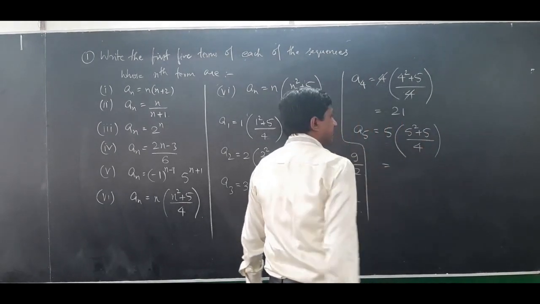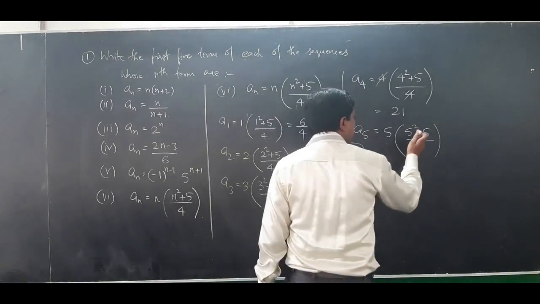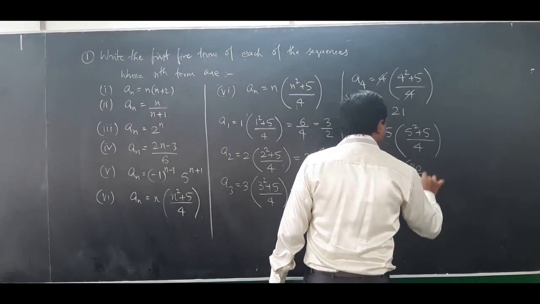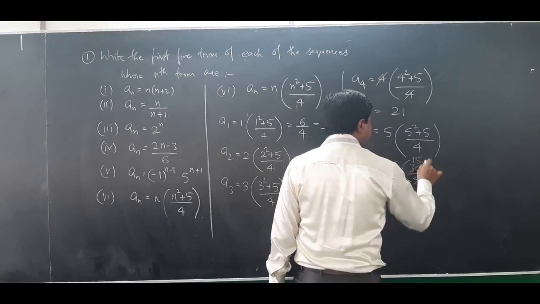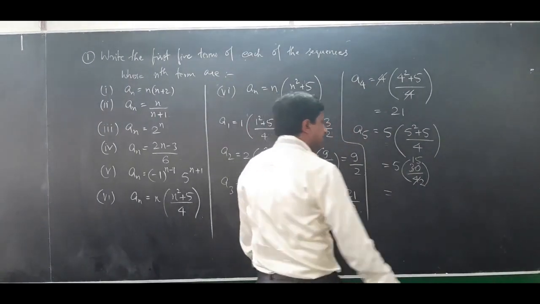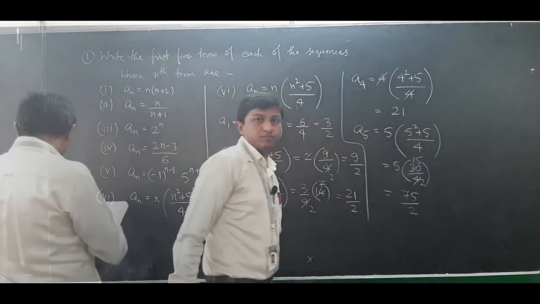So that is 5 square is 25, 25 plus 5 is 30. So 5 into 30 by 4, 2 2s are 4, 2 15s are 30. So that is 5 into 15 is 75 by 2.